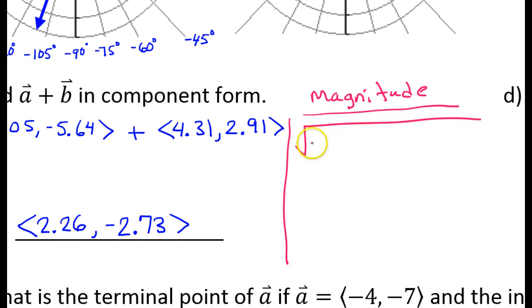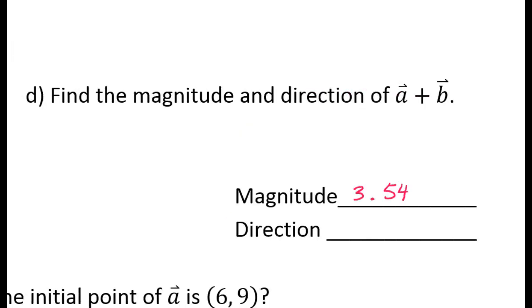When you have component form, you can just do 2.26 squared plus negative 2.73 squared and take the square root of all that, and that will be the magnitude. I'm just going to put that in the calculator. I got 3.54.